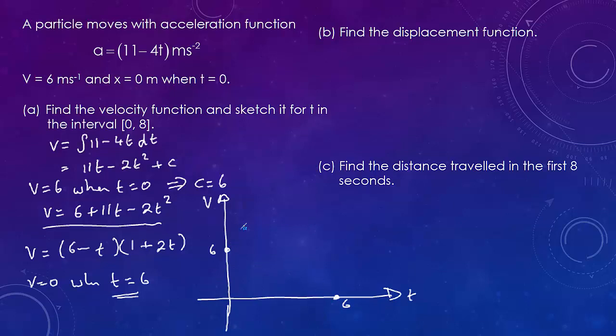So somewhere in between there's a maximum, but I don't think we need to go into that sort of detail. It's going to have a maximum because of the negative 2t squared, so we know that it's shaped like this. So it's going to go something like that.